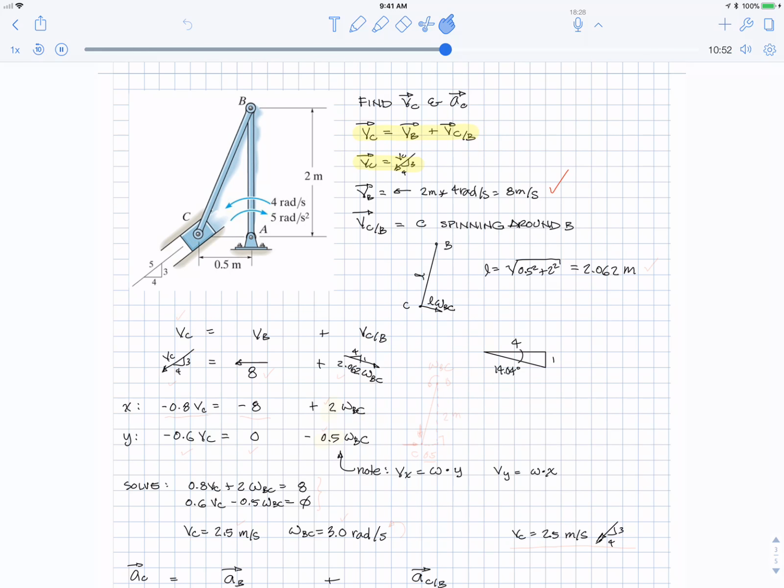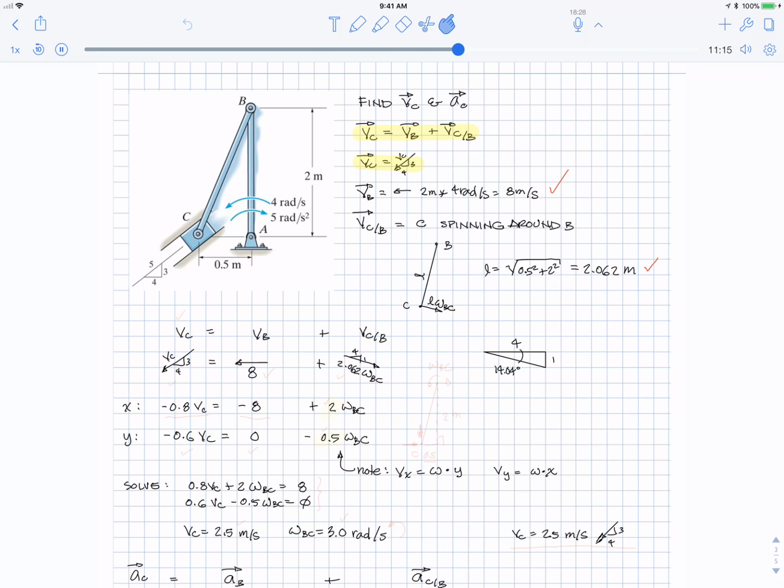And the velocity of C relative to B is C spinning around B. And so we need to know that length. So I did the square root of 0.5 squared plus 2 squared. And so the length from C to B is 2.062 meters. And at 90 degrees to that, the velocity is going to be this length times omega BC.